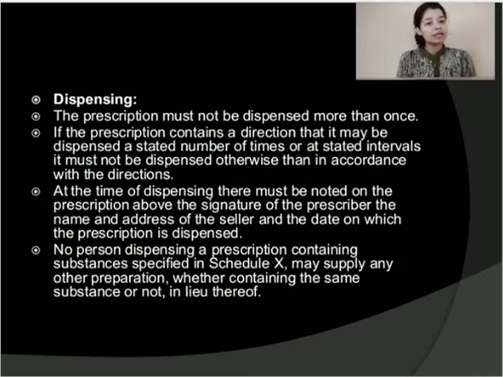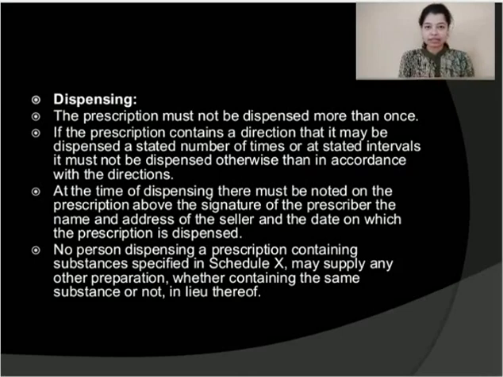So the first point is that the prescription must not be dispensed more than once. The meaning of this is, for example, if today is 1st of August and a person comes to you with a prescription dated 31st July, you will dispense the drug on 1st of August.